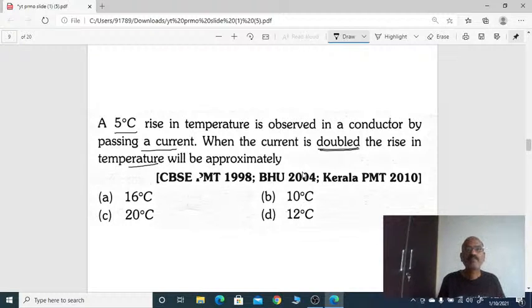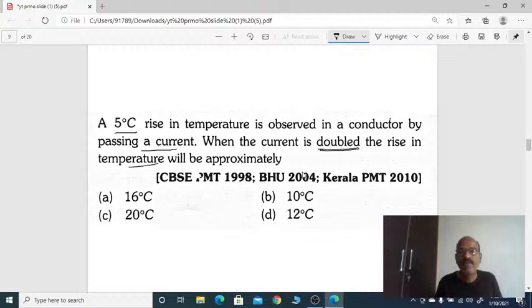A 5-degree rise in temperature is observed in a wire while passing current. If the current is doubled, then what will the temperature be? Clearly understand.